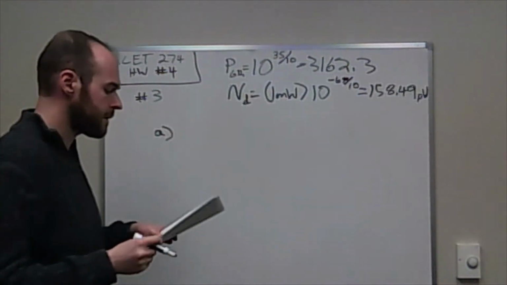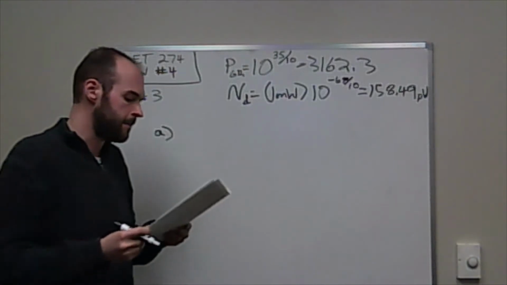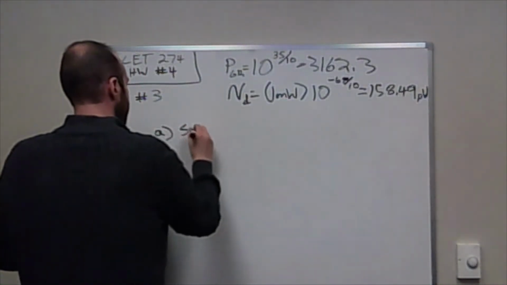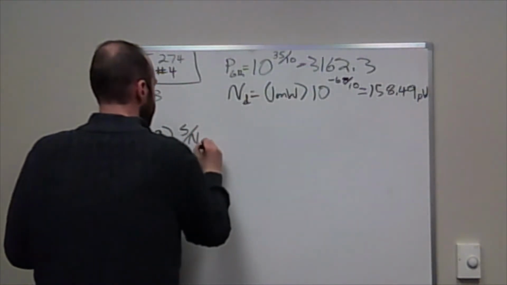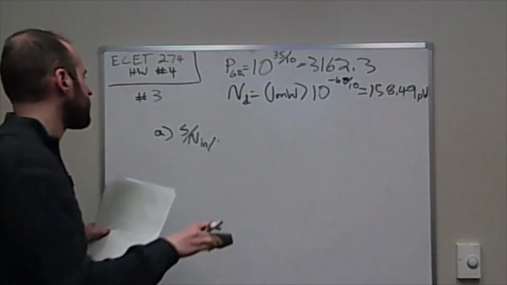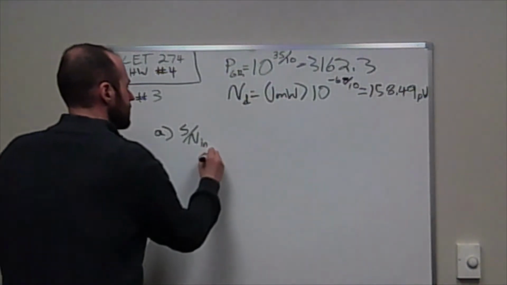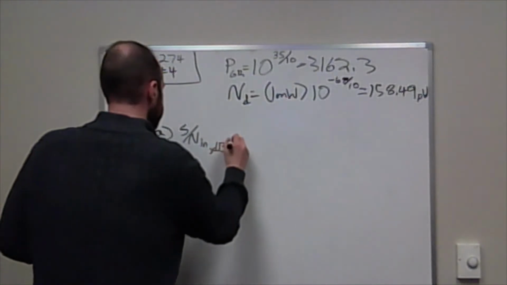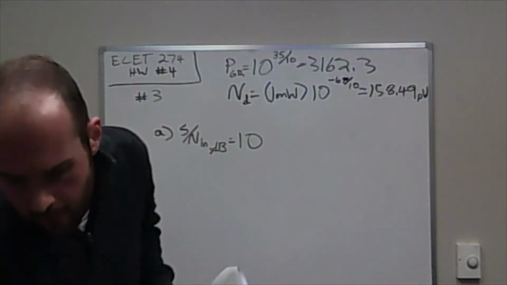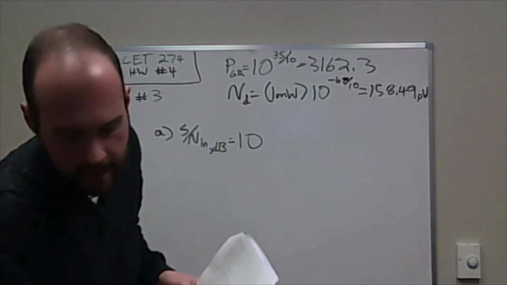We want to find the signal to noise input ratio in dB. So to find that, the signal to noise in dB, it's just going to be an equation given in your book, and you can find that as equation 3.6.